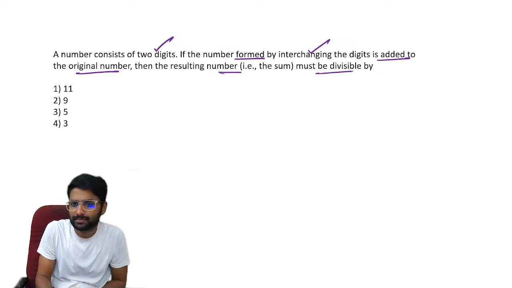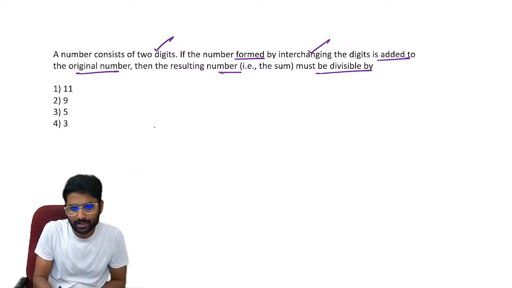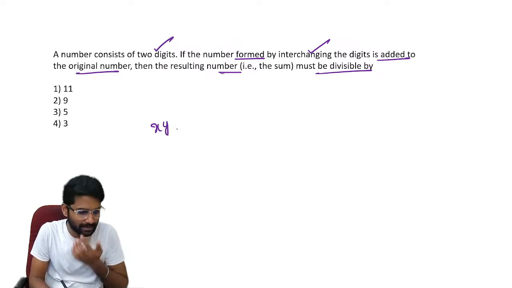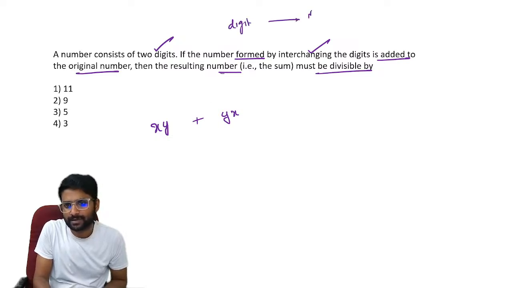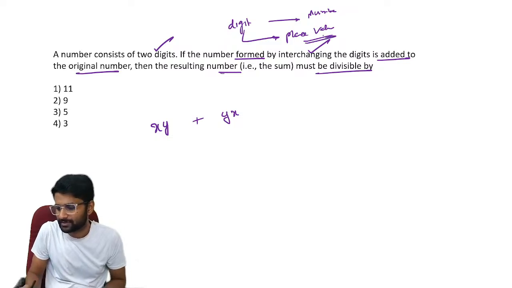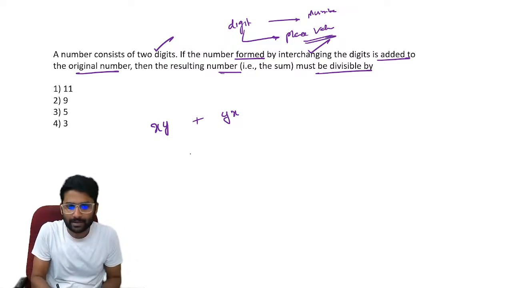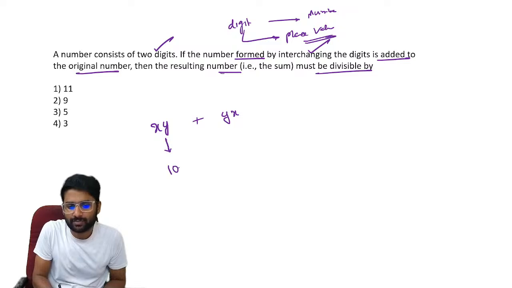Then the resulting number must be divisible by what? Now it mentions that let's take the two-digit number xy, and if you reverse it, it becomes yx. Guys, remember that if any digit is multiplied with the place value, then it becomes a number. So here the value of xy is 10x plus y.